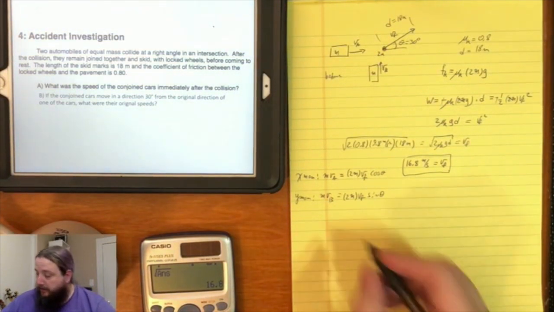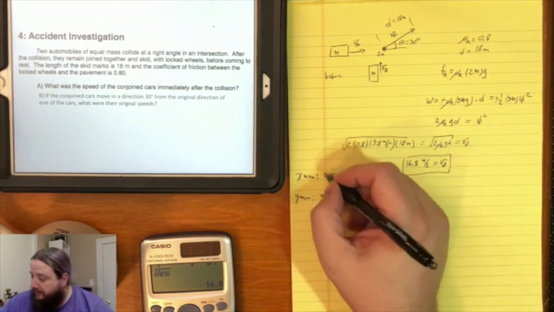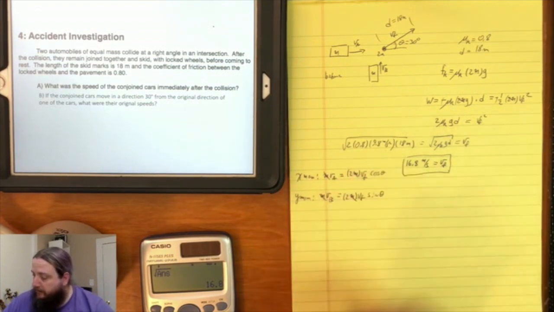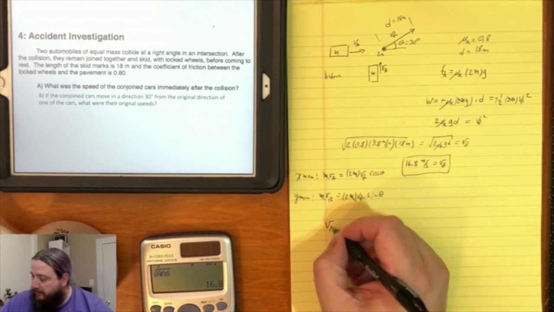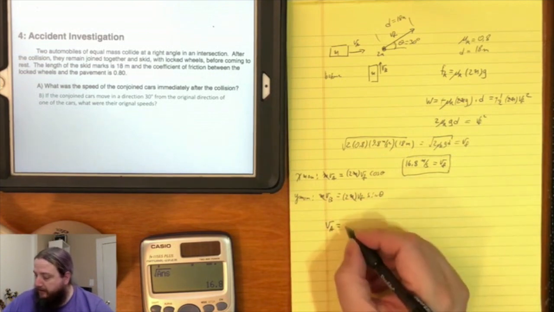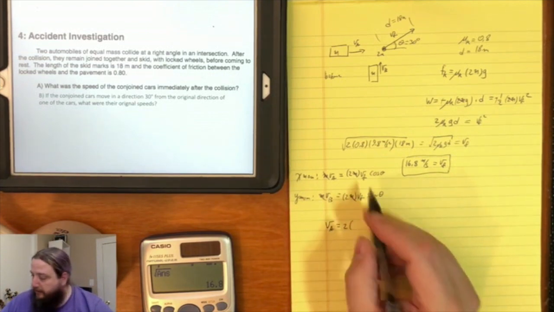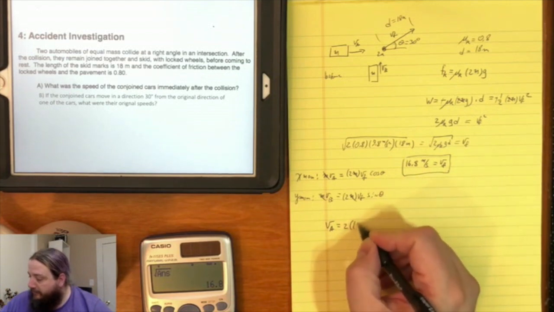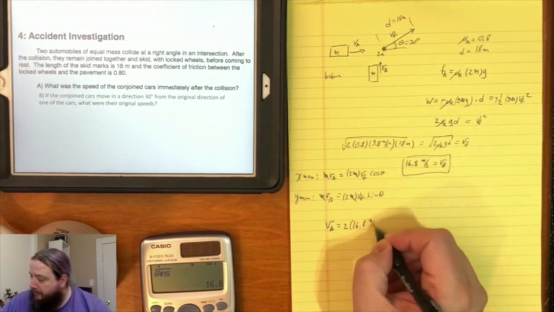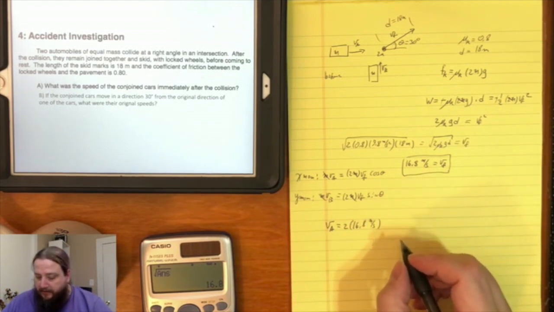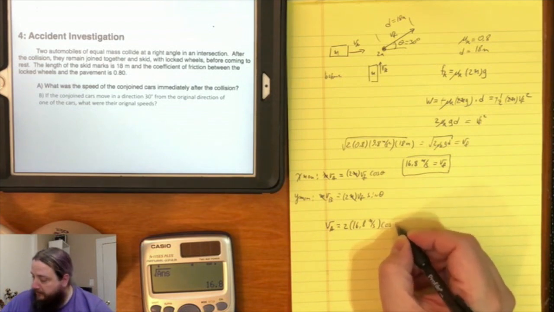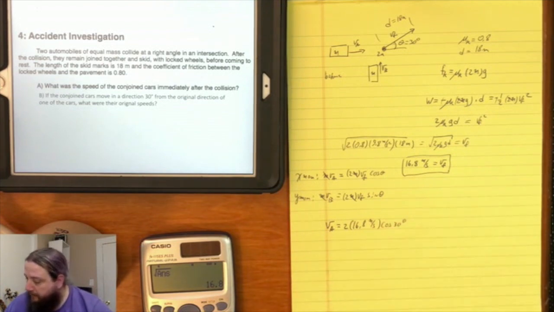And we can go ahead and plug in numbers then. So the masses cancel on both sides, and vA is 2 times vf, which was 16.8 meters per second, times the cosine of 30 degrees.